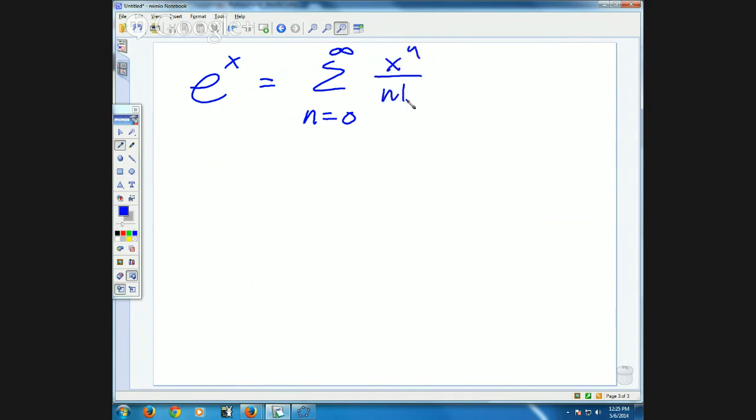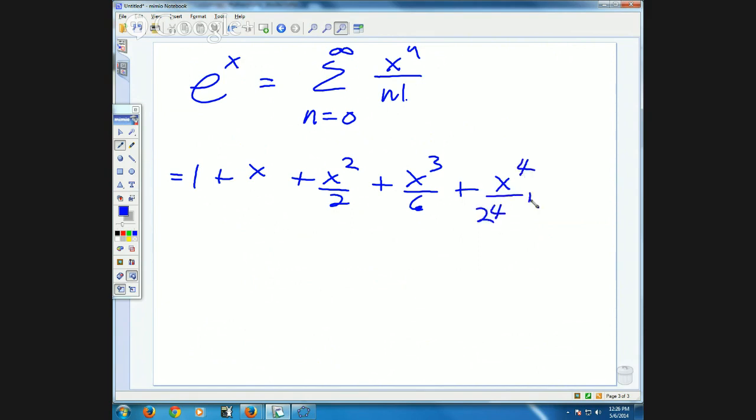Which, if we write it out, is 1 plus x over 1 plus x squared over 2 plus x cubed over 6. What's next? 24. x to the 4th over 24. And so on, the nth term being x to the n over n factorial.